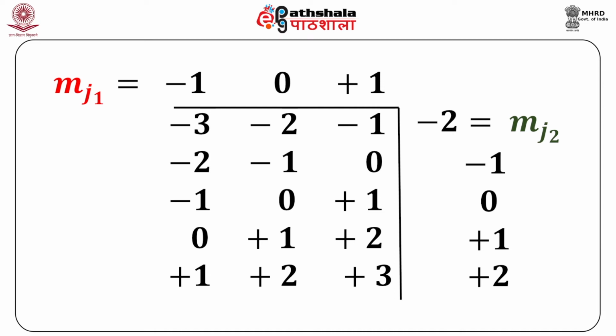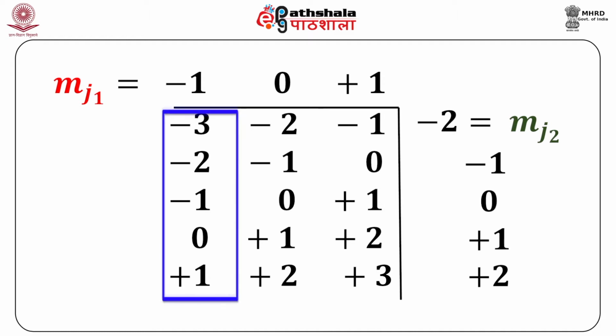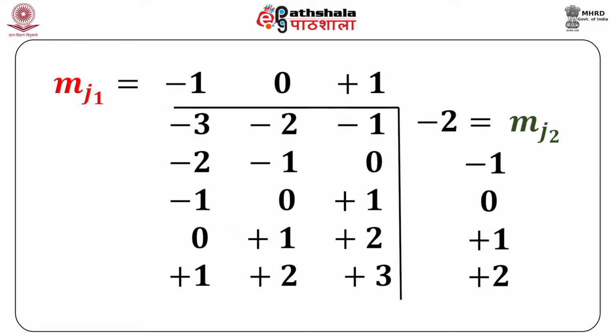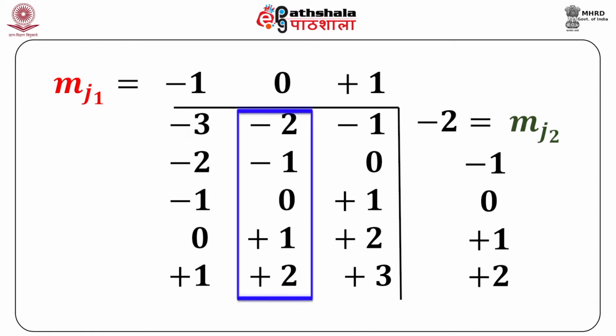For mj1 as -1, there are 5 possibilities of mj2 and their combination results in 5 states corresponding to -3, -2, -1, 0 and +1. For mj1 as 0, again mj2 gives 5 values and the corresponding values on addition are -2, -1, 0, +1 and +2.